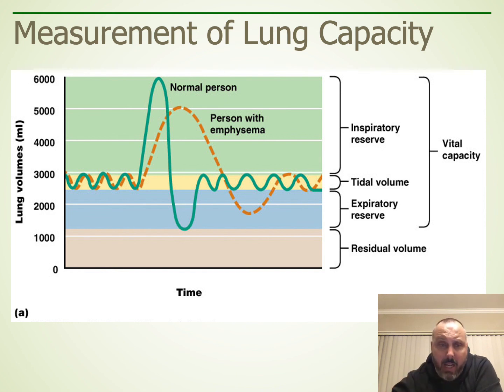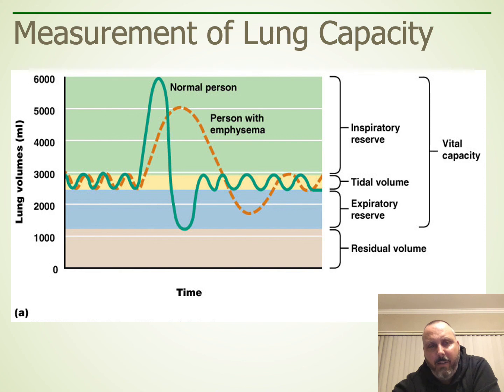If you breathe out as much as you physically can, we still don't expel all the air out of our lungs, because we need enough in there for them not to collapse. So you'll see the expiratory reserve doesn't go all the way down to zero. We've still got a litre or so of volume in our lungs, and that bit at the bottom is called residual volume.